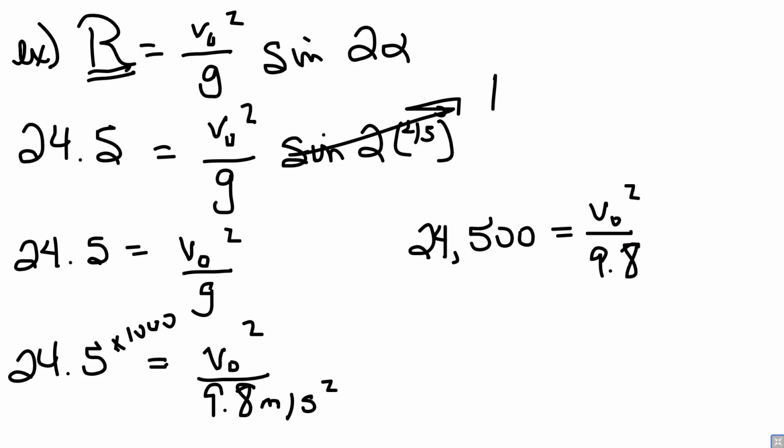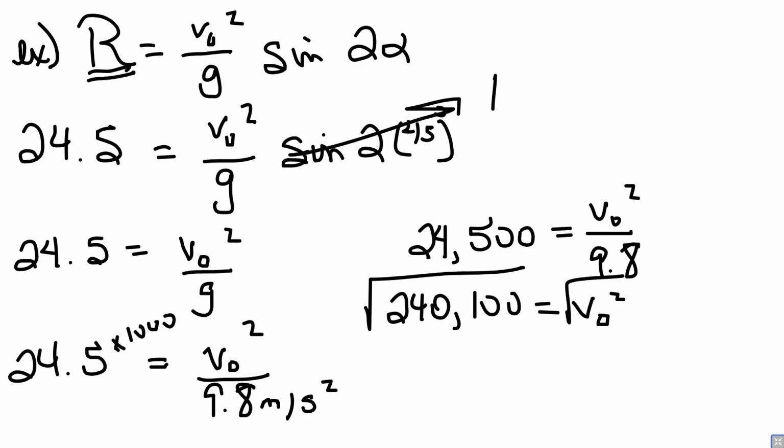So essentially what we're going to do is multiply both sides by 9.8. So we're going to end up with 240,100. That's equal to v sub 0 squared. And to solve for v sub 0, we're going to take the square root of both sides.